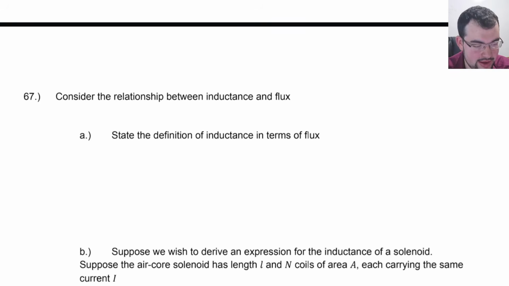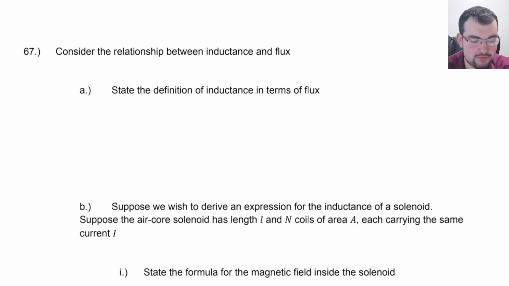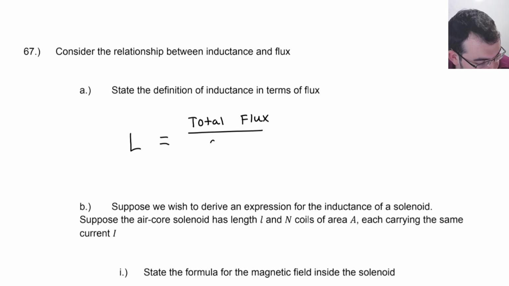All right, now we have an alternate way of defining inductance, just like we can define capacitance as the amount of charge you're able to store per unit of potential difference. Inductance can be defined as the amount of total flux that can be stored in your inductor per unit of current. Because, of course, if you increase the current, you increase the B field, which increases the flux.